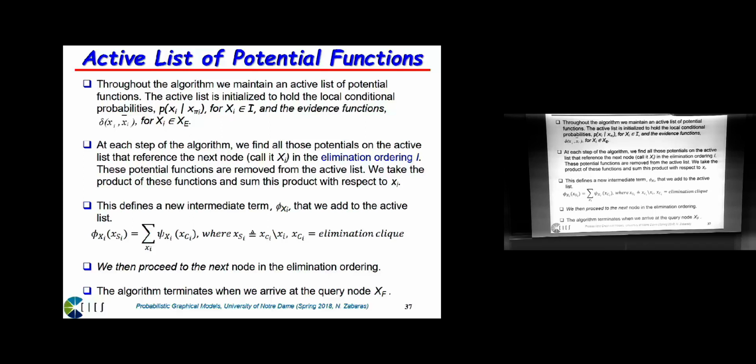As the elimination process happens, I have, let's say, a clique of 3 nodes. I integrate over one node, and then I'm left with 2 nodes. But the clique from which I'm eliminating one node has 3 nodes. That's the elimination clique, and the maximum of these cliques is going to define the complexity of the algorithm.